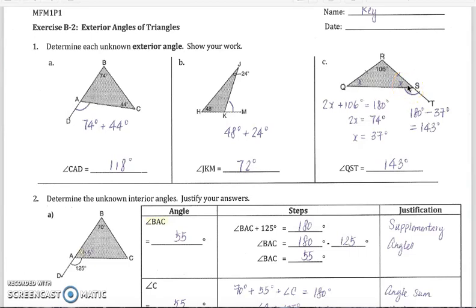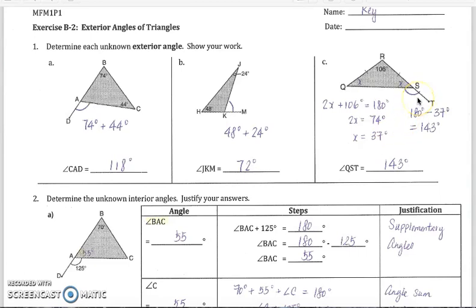We can say that 2x plus 106 degrees is 180 degrees, as the sum of interior angles in a triangle. 2x is 180 take away 106. So 2x is 74 degrees. Divide both sides by 2. x is 37 degrees.